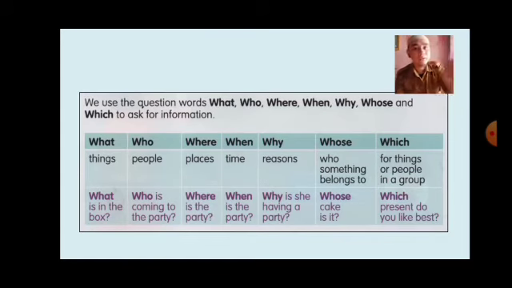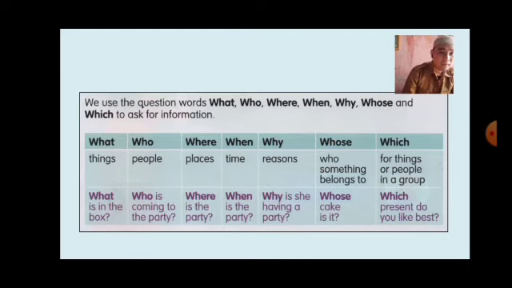And then who. Who is used to ask about people. Let's see the example: who is coming to the party? So you want to know Jay, Sam, Rita, and so on. You want to know the names of the people. So it's referring to people.